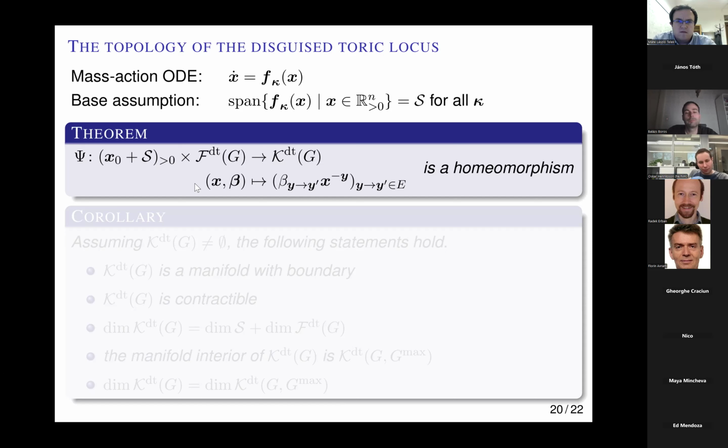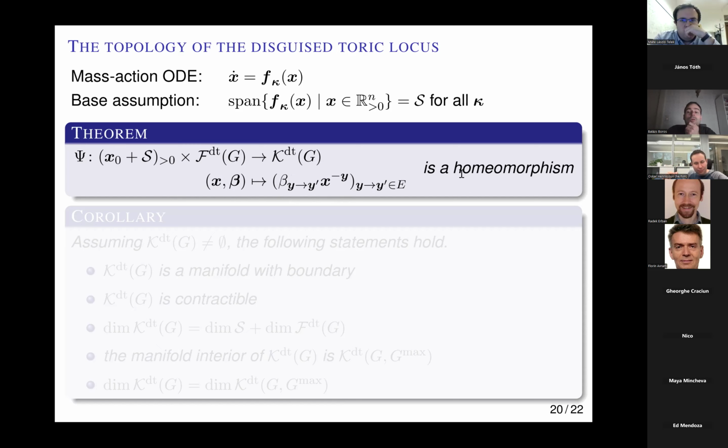And what we find is that once we take a state from a stoichiometric class and the flux, and in the very natural way, by dividing by the monomial computed at that state, we get some rate constants.